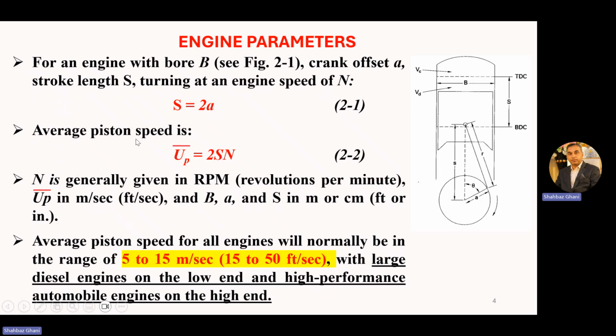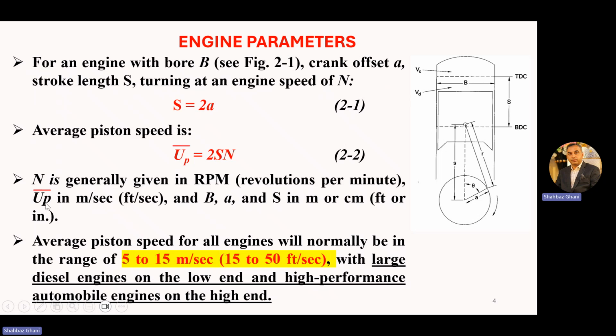Now the average piston speed UP bar is equal to 2 into N into S: 2 into strokes per revolution, the number of revolutions per minute in which the crankshaft is moving, and the stroke length which is being covered. N is generally given in revolutions per minute.